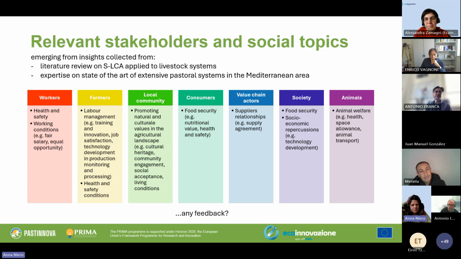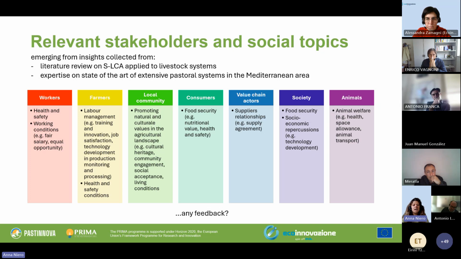Just to answer a comment referring to the social sustainability that can be approached from a society and a farmer's point of view. This is indeed what social life cycle assessment tries to do, to consider the many different perspectives. So understanding how the stakeholders enter into the system. And as mentioned before in the presentation, we understood that the different categories of stakeholders have both an active and passive role, in the sense that they are both influencing the system and can be affected by or benefiting from the system.